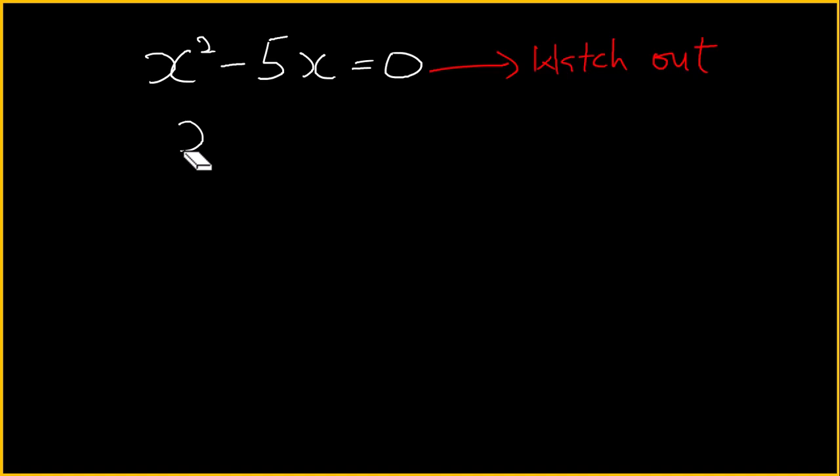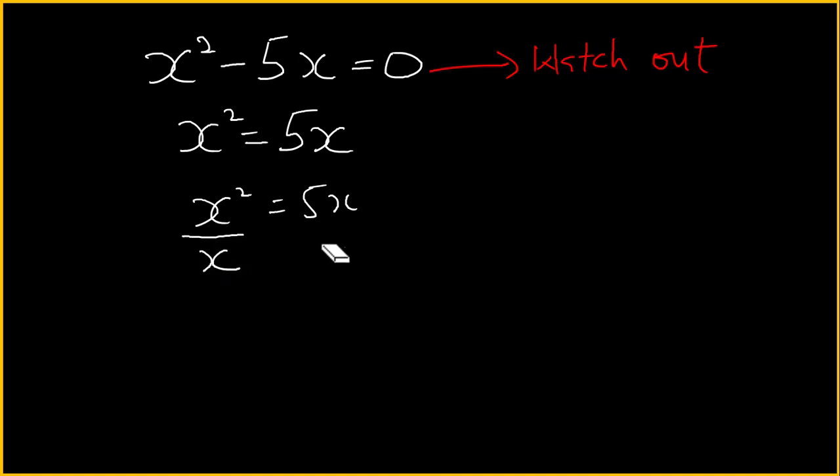x² is equal to, then the 5x is taken to this side and it becomes 5x. And since there is an x here and an x here, why don't I divide through by x? So x² equals 5x, x² divided by x, 5x divided by x.